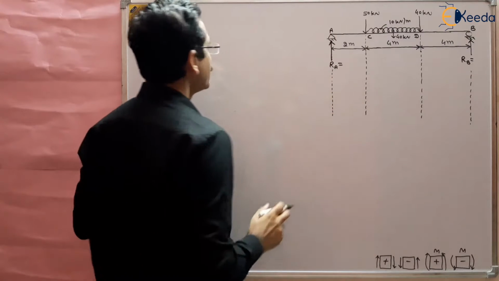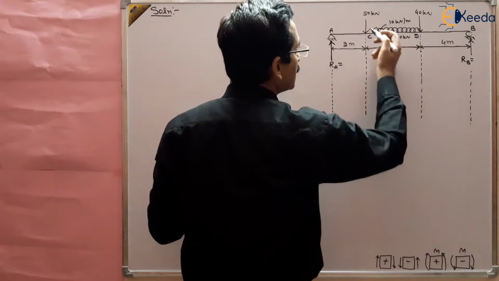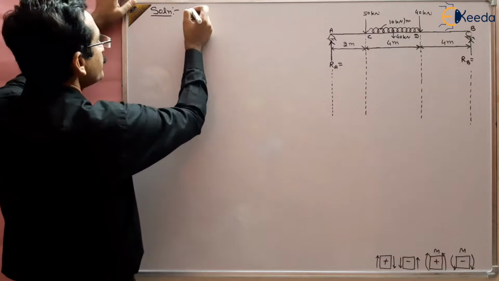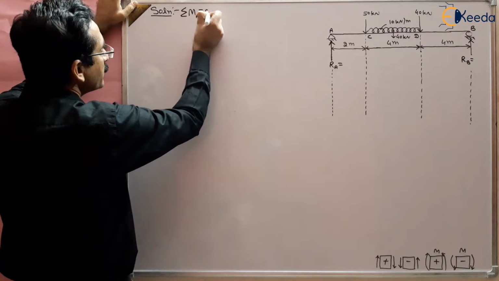Take the moment of RA about A, which will be equal to 0. Take the moment of this 50 kilonewton. So sum of all moments about A should be equal to 0.